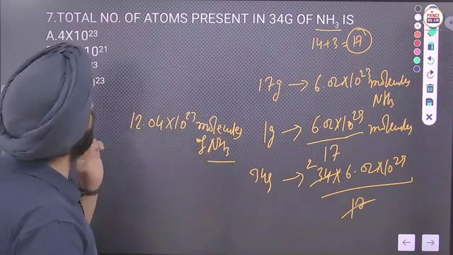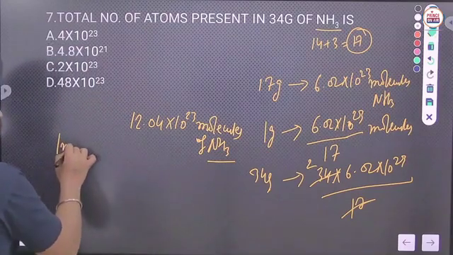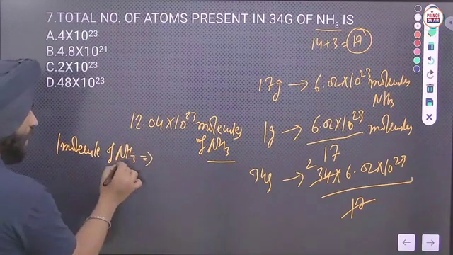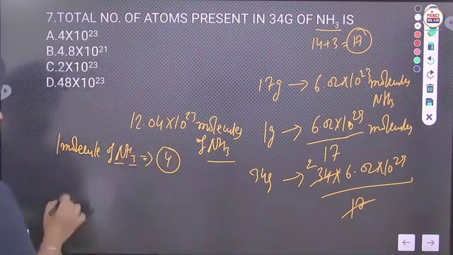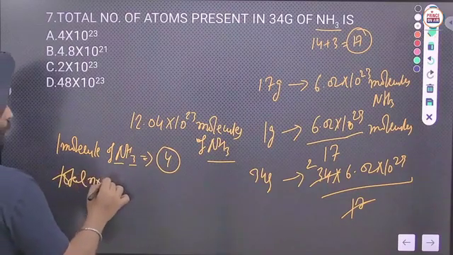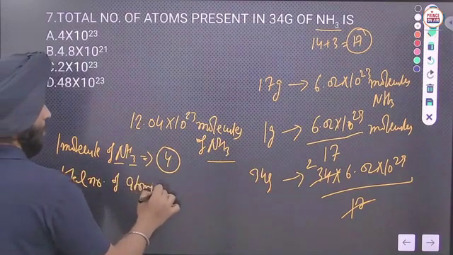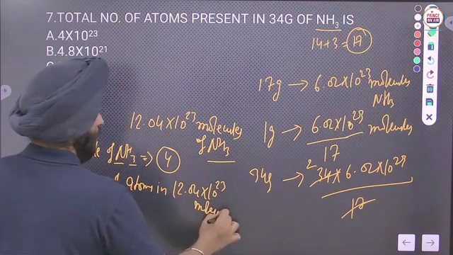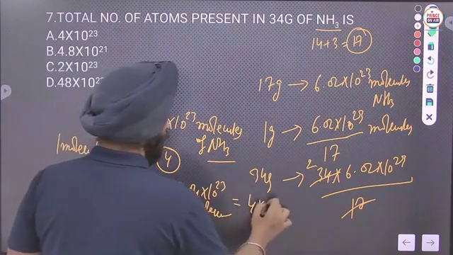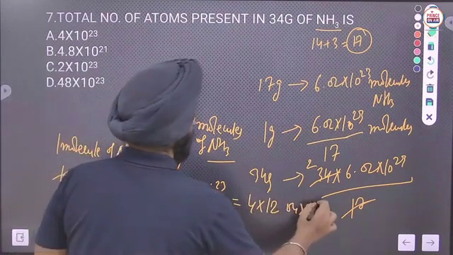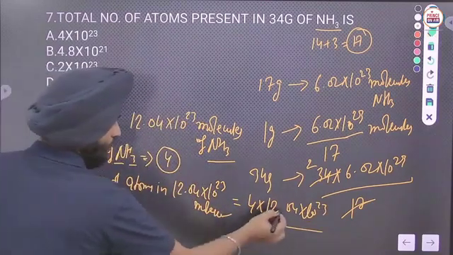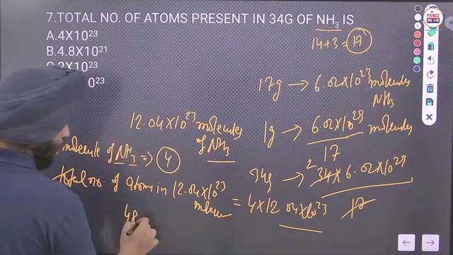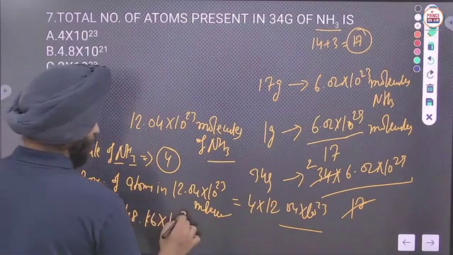Now we have to calculate the number of atoms also. One molecule of ammonia contains how many atoms? 1 nitrogen, 3 hydrogen, it is 4. So the total number of atoms in 12.04 into 10 raised to power 23 molecules will come out to be 4 into 12.04 into 10 raised to power 23, which is 48.16 into 10 raised to power 23.